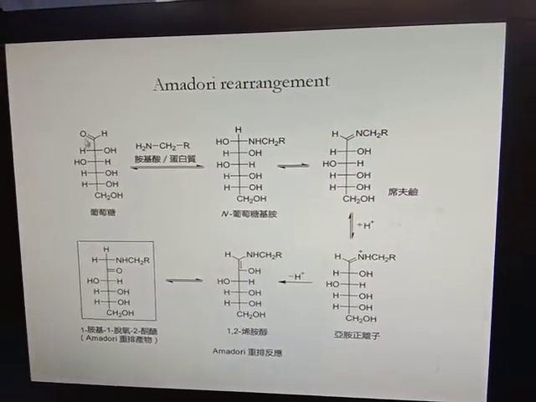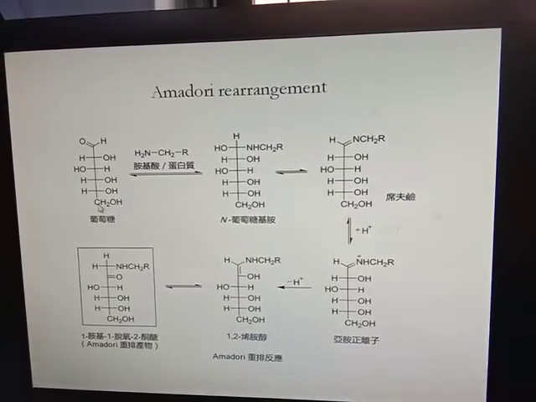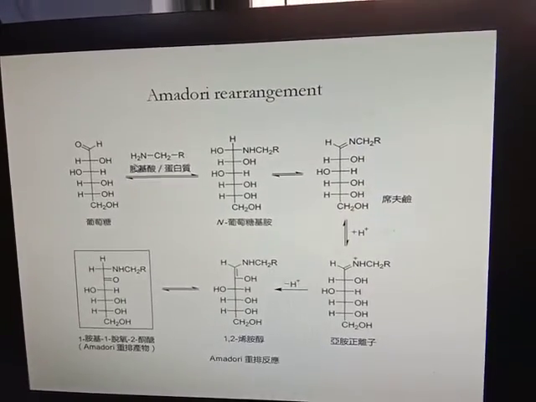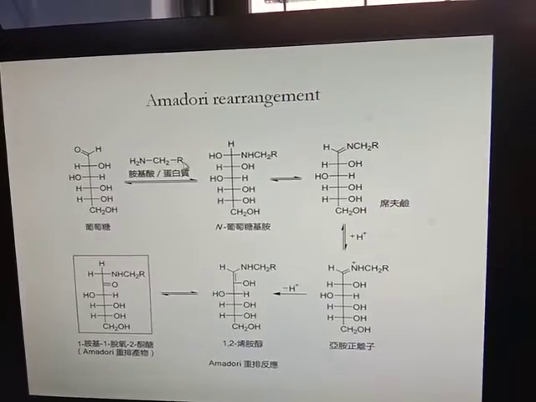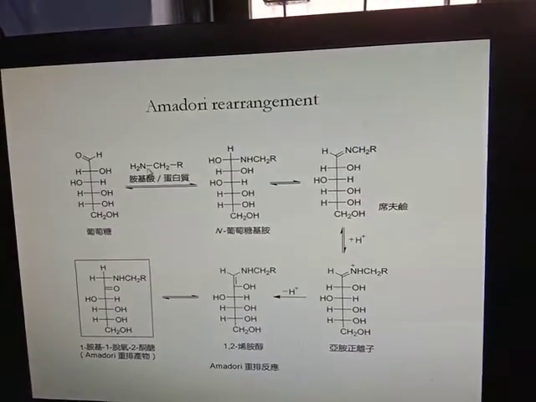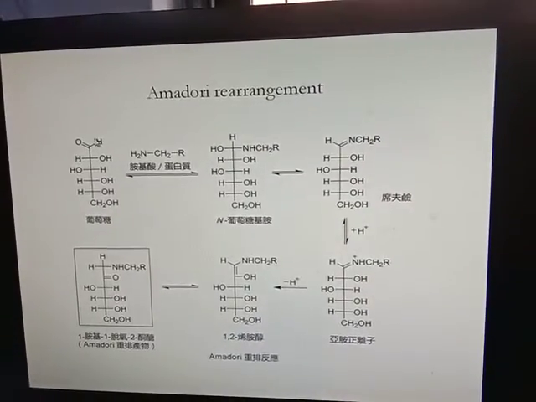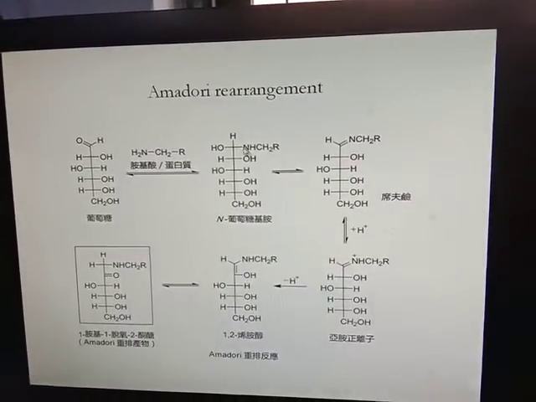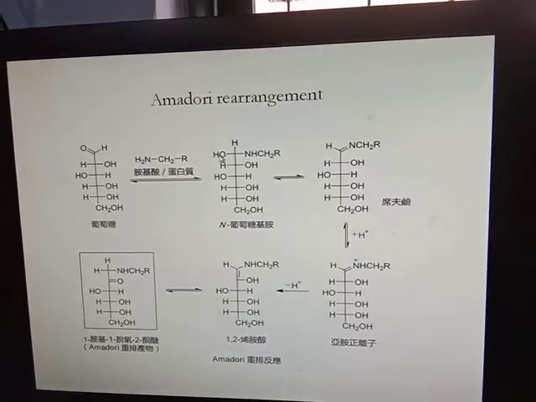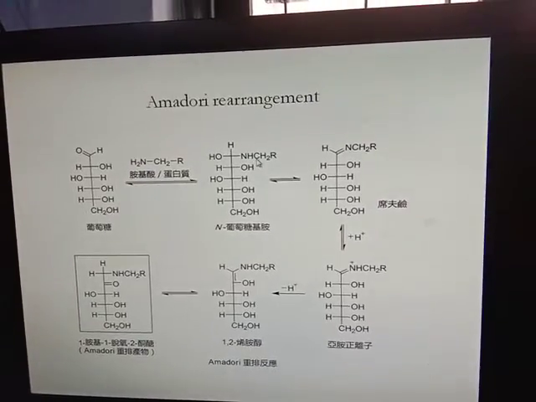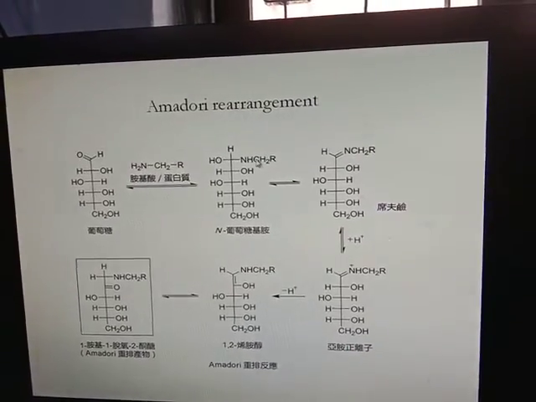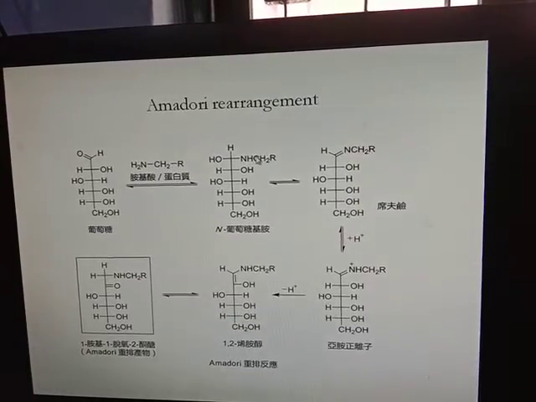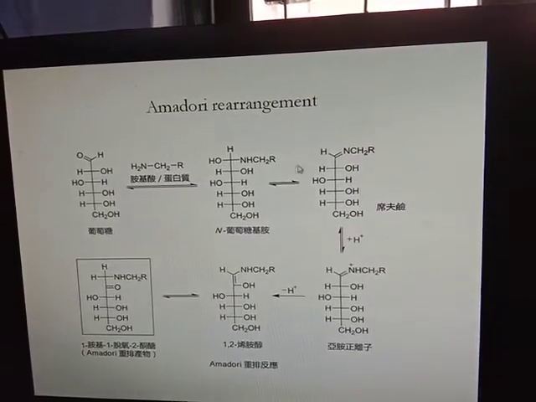Here you see this is the aldose sugar, or we say glucose, and this is the amino acid of a particular protein. The amino acid is binding to the first carbon of glucose. It adds hydrogen to the aldehyde group and the amino group to the first carbon. Then rearrangement takes place.